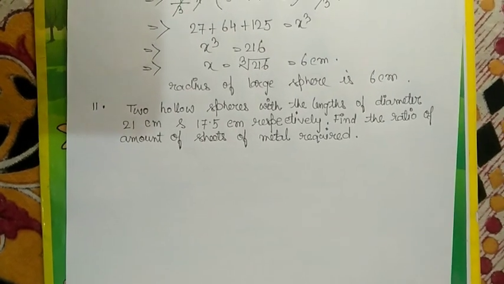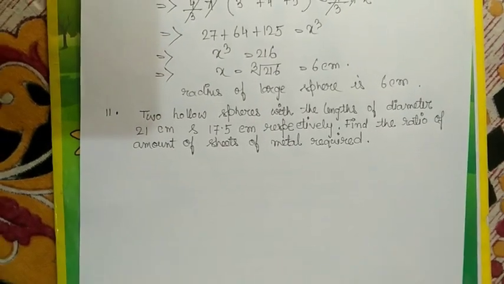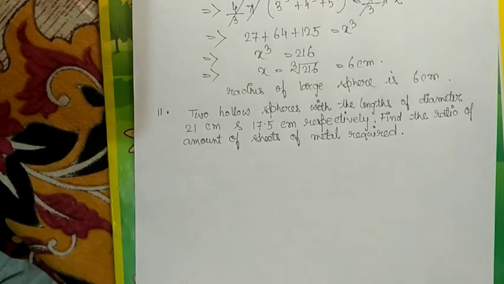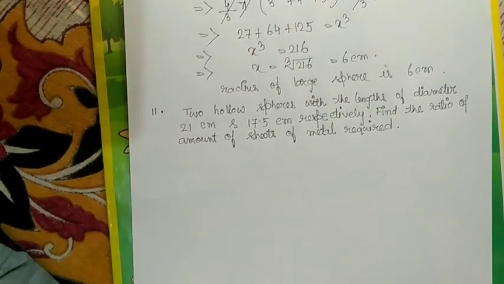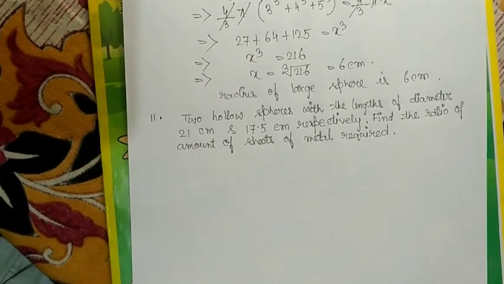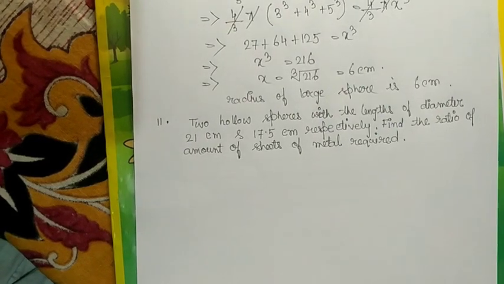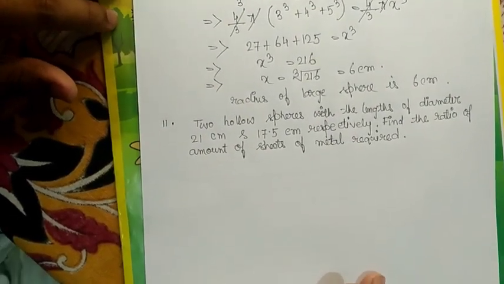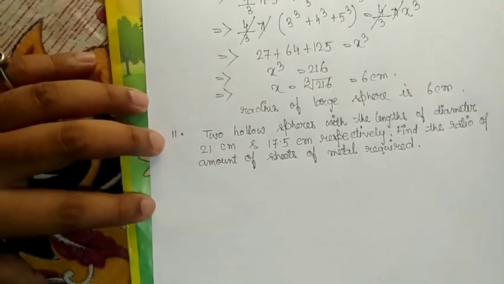Now this is sum number 11. Two hollow spheres with the lengths of diameter 21 cm and 17.5 cm respectively are made from the sheets of the same metal. Let us calculate the ratio of amount of sheets of metal required to make the two spheres. So therefore here we have to find the lateral surface or the total surface. Both are the 4 pi r square.